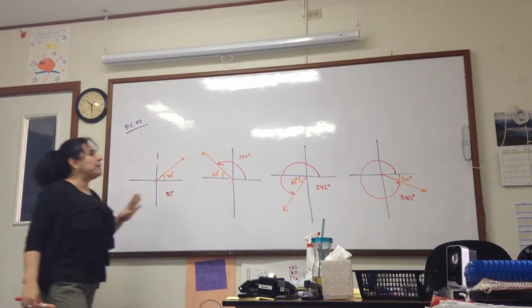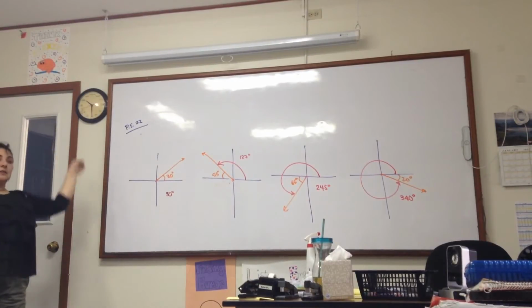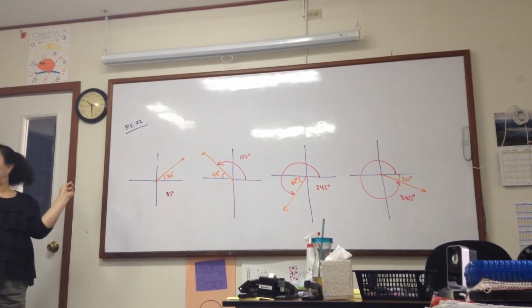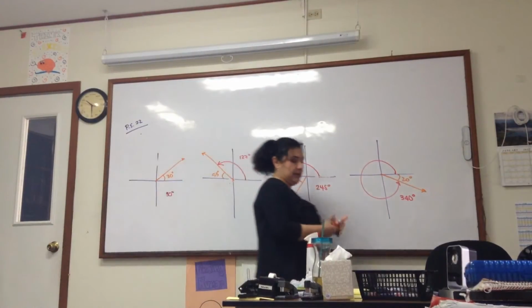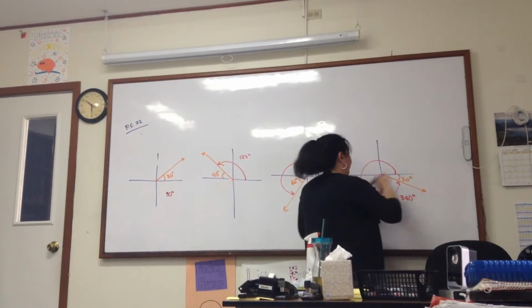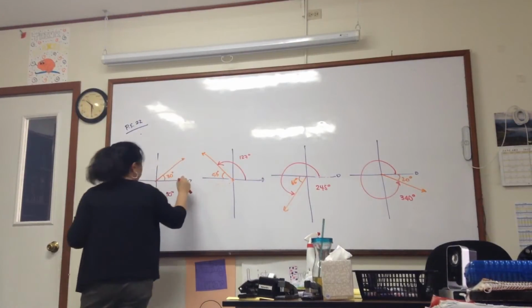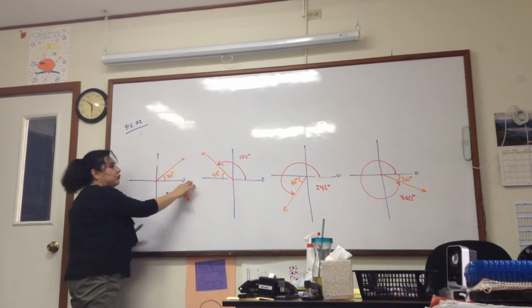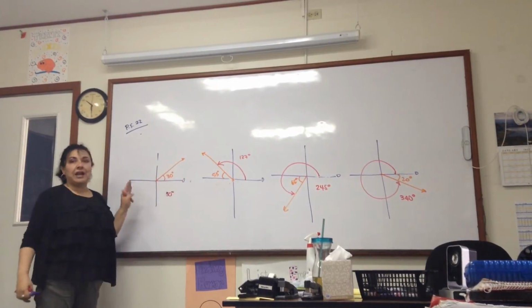What's the pattern that you notice here? First of all, they're all counterclockwise. They all start counting from here, so that means that this is ground zero. It's the x-axis, obviously, but it's ground zero. That's where we start counting, and it's counterclockwise. Does everybody understand how to get the angles?